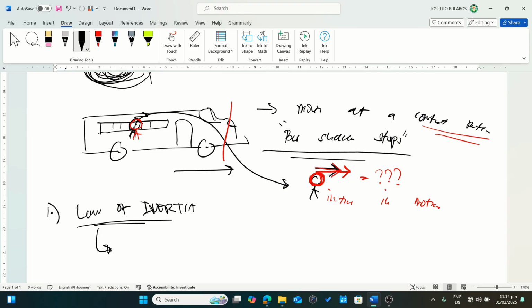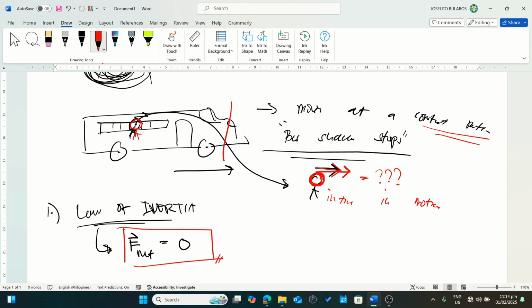So the first law is only applicable when the F net is zero. If the F net is zero, then that's when this law of inertia is possible.